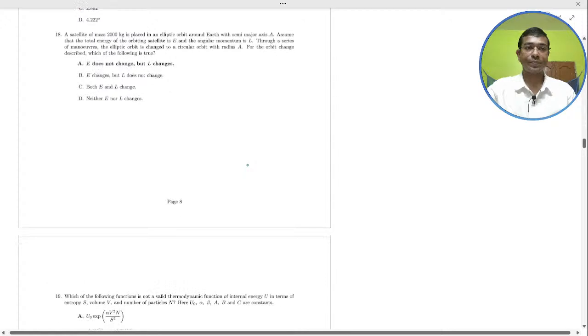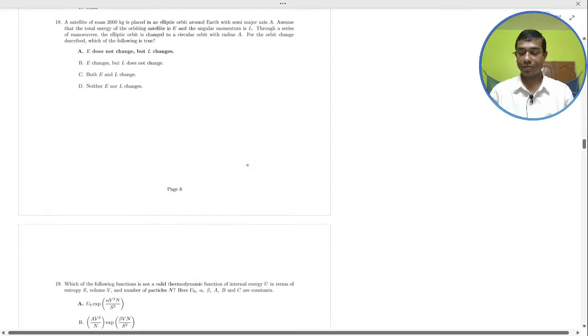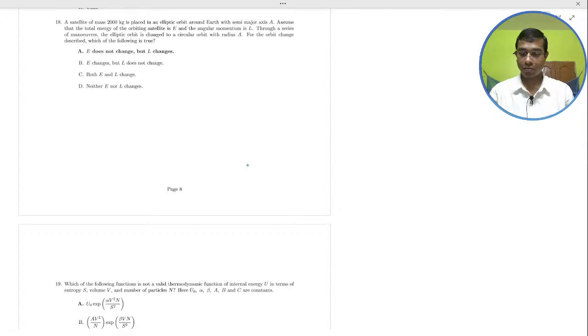6.229 degree. Okay. Next, a satellite of mass 200 kg is placed in elliptic orbit around the Earth with the same major axis A. Assume that the total energy of the orbiting satellite is E and the angular momentum is L. Through a series of maneuvers, the elliptic orbit is changed to a circular orbit when radius is capital A. For the orbit change described, which of the following statements is correct?